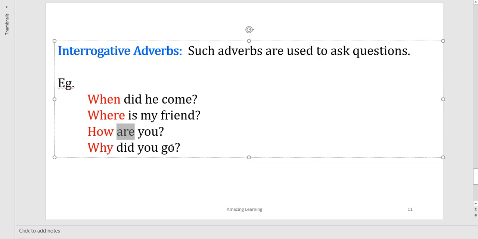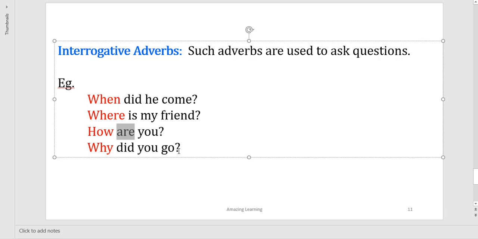Why did you come? Why did you go? So why is here asking the question, why did you go? This sentence is more related to asking a question. The question is all about the action that the person is performing, right? How did you go? Why did you go?